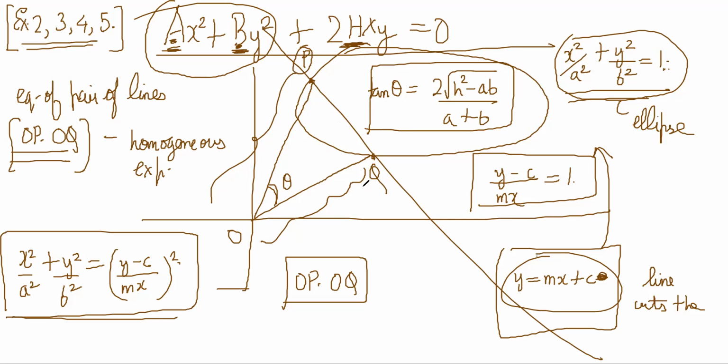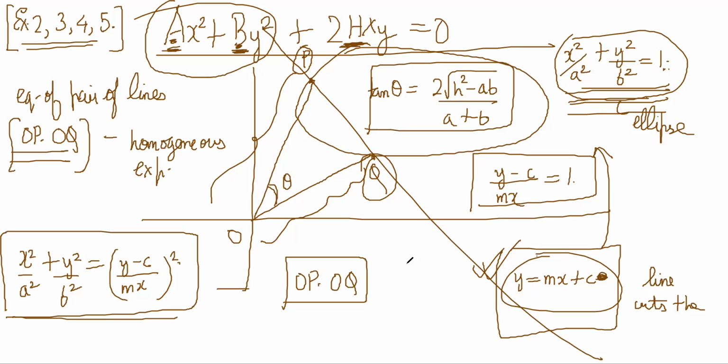You don't have to find P and Q. You can just directly get the line pair equation by making this a homogeneous expression of 2 degree using the straight line equation. That will be useful in some places in this pair of straight lines chapter, and in later chapters also you will need it at some points. Okay, get it.